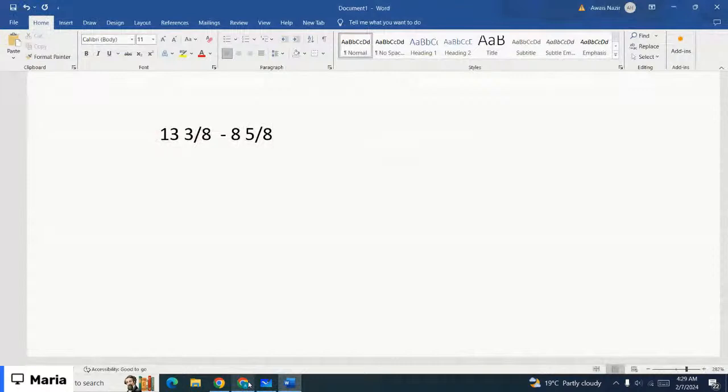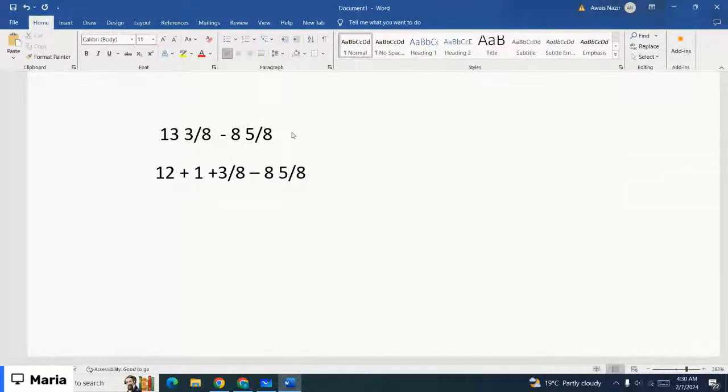Okay, 13 minus 5 is, simply you can subtract their whole numbers, but just look at this one, 3 over 8 minus 5 over 8. You cannot subtract a greater number from a smaller one, right? So you need to break down this one. How? You can write 13 as 12 plus 1 plus the fraction 3 by 8.